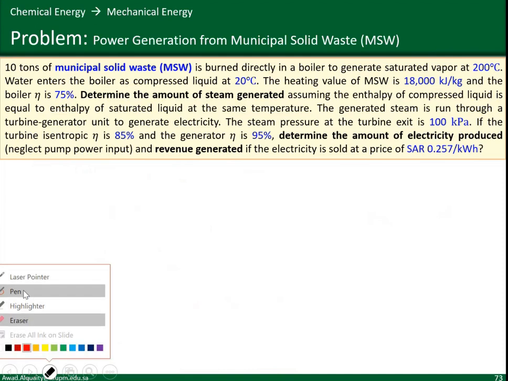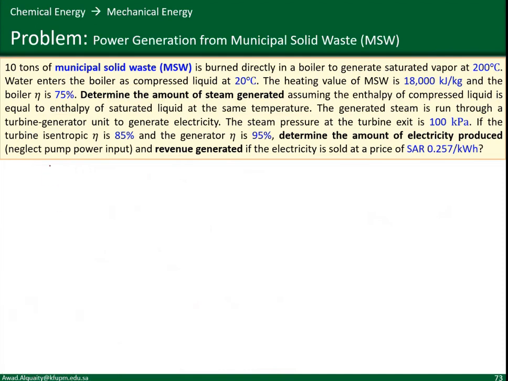So S2 was 2792 kilojoule per kilogram. S3A or S3 came out to be 2398.3 kilojoule per kilogram.